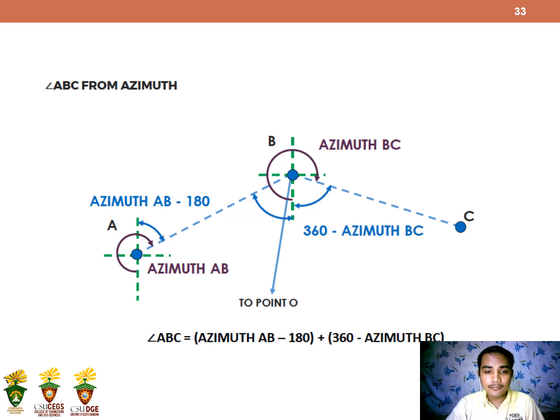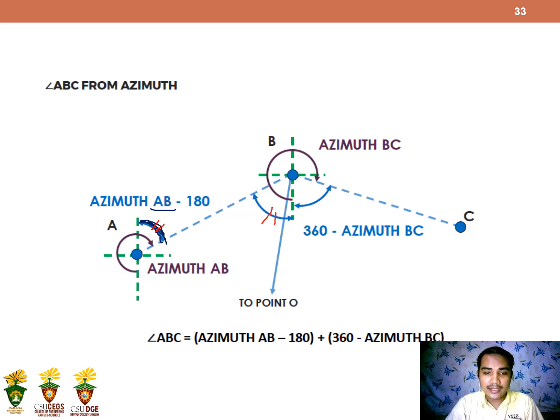Now, we are going to get this angle, kaning blue. So this angle is equal to azimuth AB minus 180 degrees. Kaya kanira man yung angle. Azimuth AB minus 180 degrees is equal to this one, which is this angle, is also equal to this one. Equal na sila.